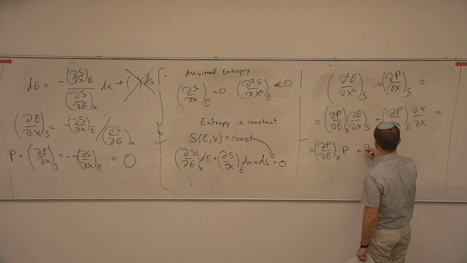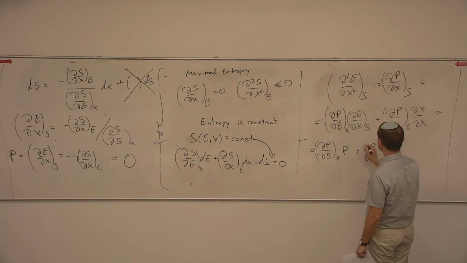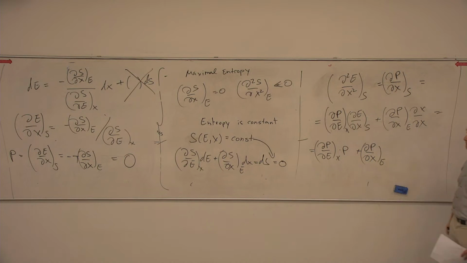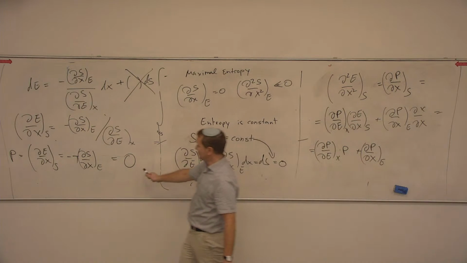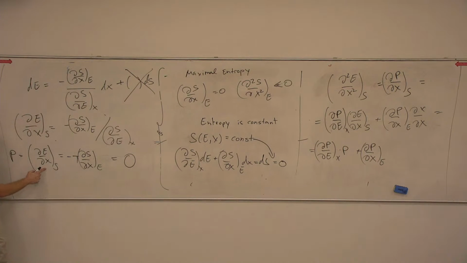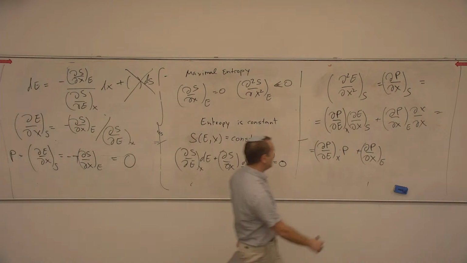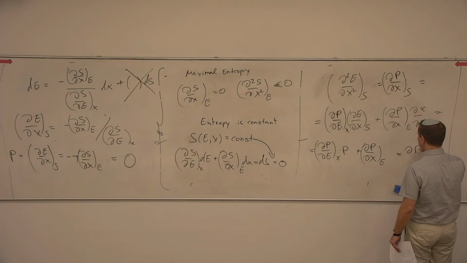So this is plus dT to dx with constant E. What is P? P is 0, right? Because the first derivative of the energy with respect to x at constant entropy is 0. So we are left with dT to dx with constant E.